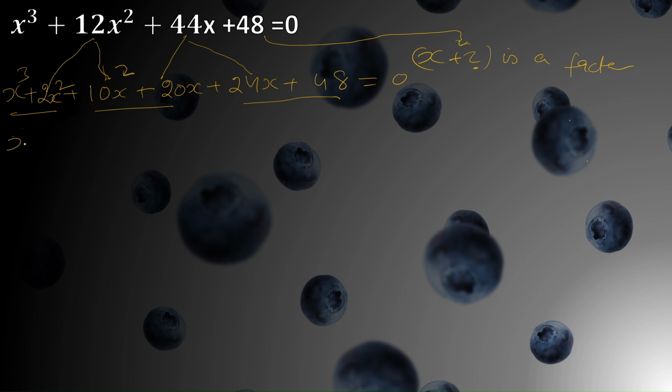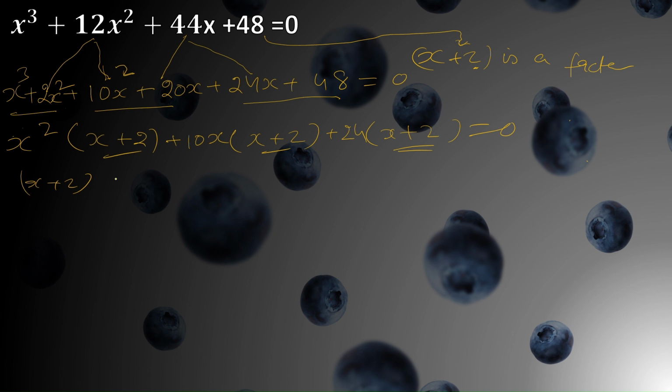There are 3 pairs, so just take common, x square as the common, x plus 2, write 2 times more x plus 2, then just do the adjustment, 10x, and here 24. This is the common, x plus 2, and what is left? x square plus 10x plus 24. Again, this is a quadratic equation, so just do the splitting.